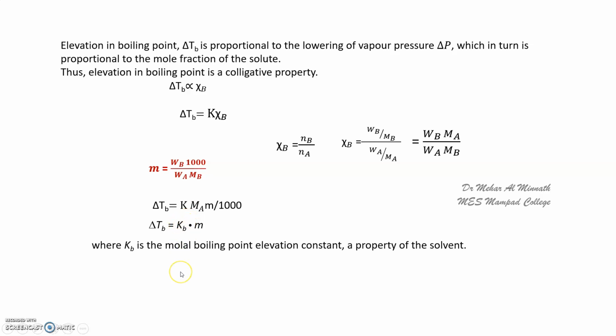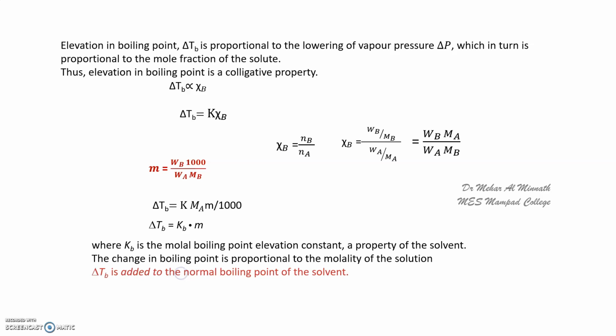KB is called the molal boiling point elevation constant, which is a property of the solvent. Now, the change in boiling point is thus proportional to the molality of the solution, or to the concentration of the solution. KB is also called the ebullioscopic constant.